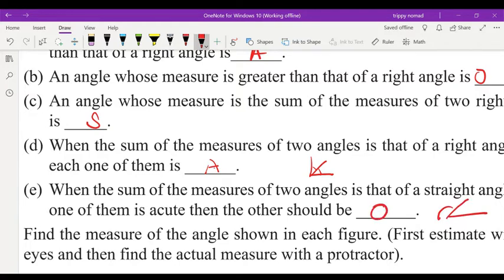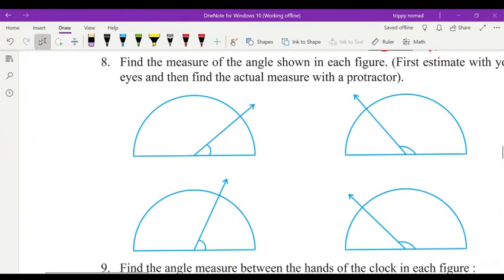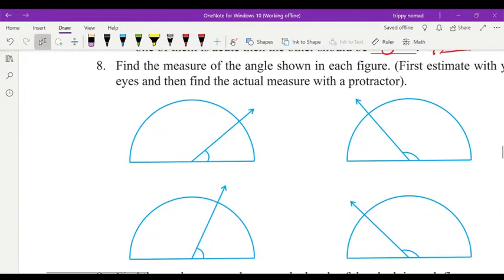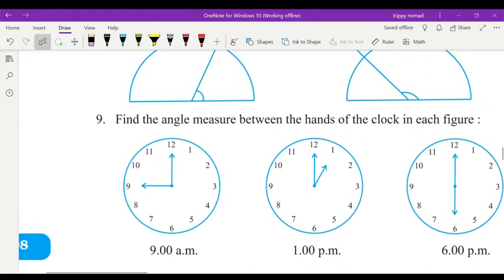So here you will write obtuse. Now children, the same way as I explained how to measure the angle, here also you have to measure with the help of a protractor. Once I taught you, now you will do it yourself.